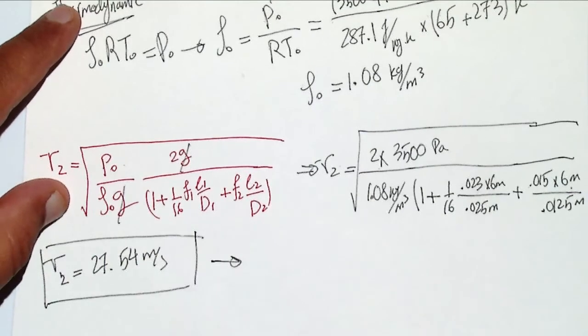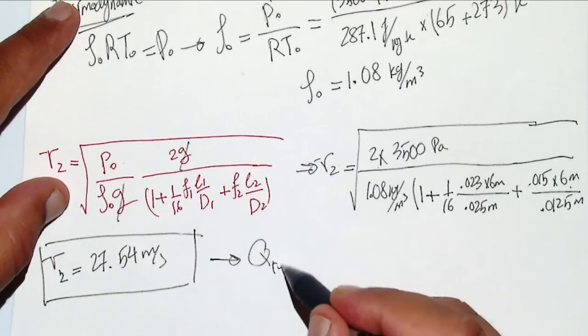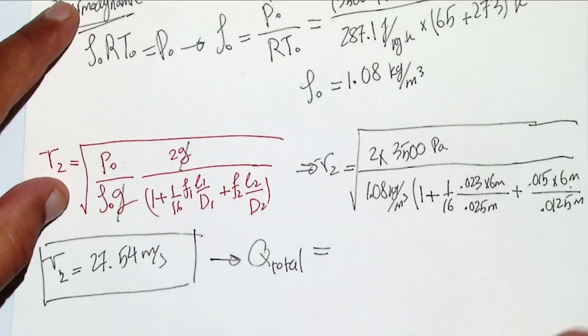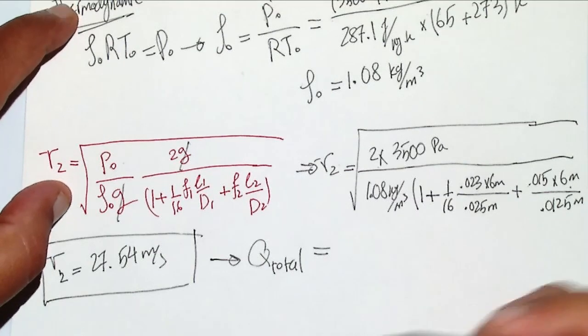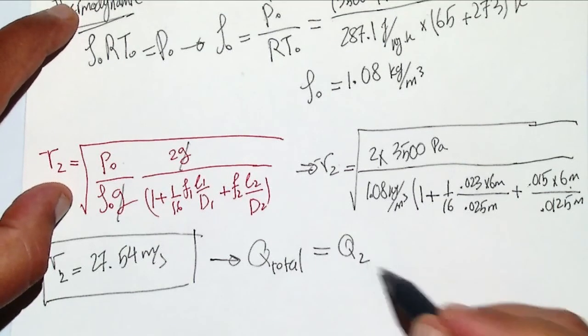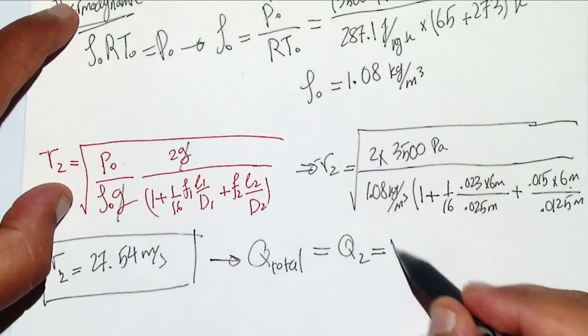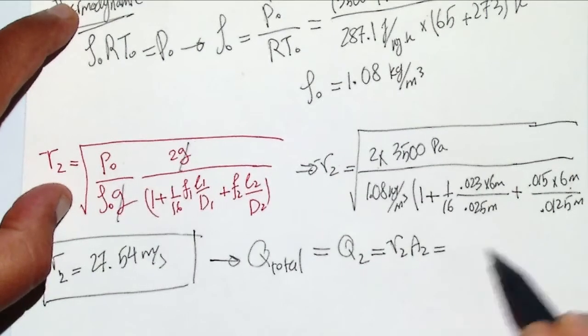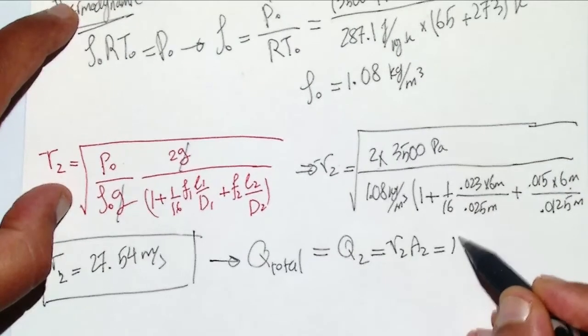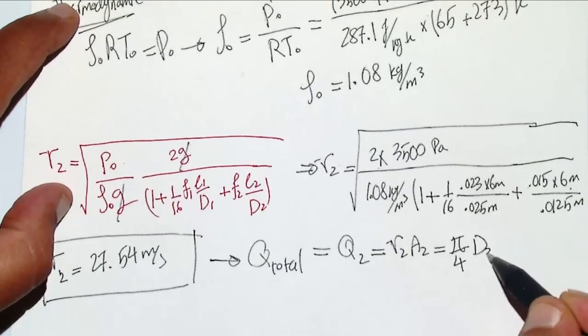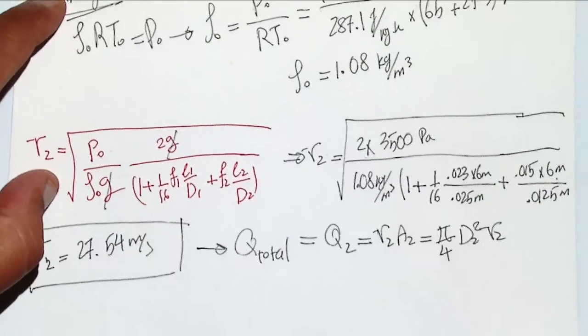So when you have V2, then you can find the Q total, or the volumetric flow rate. Q2 is going to be equal to Q1, and is equal to V2 times A2. You can assume that pi over 4 D2 squared times V2 is Q, right?